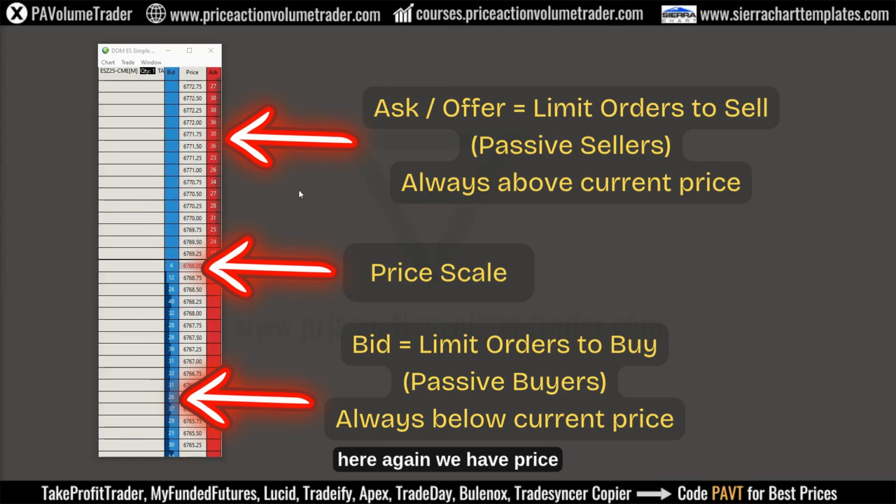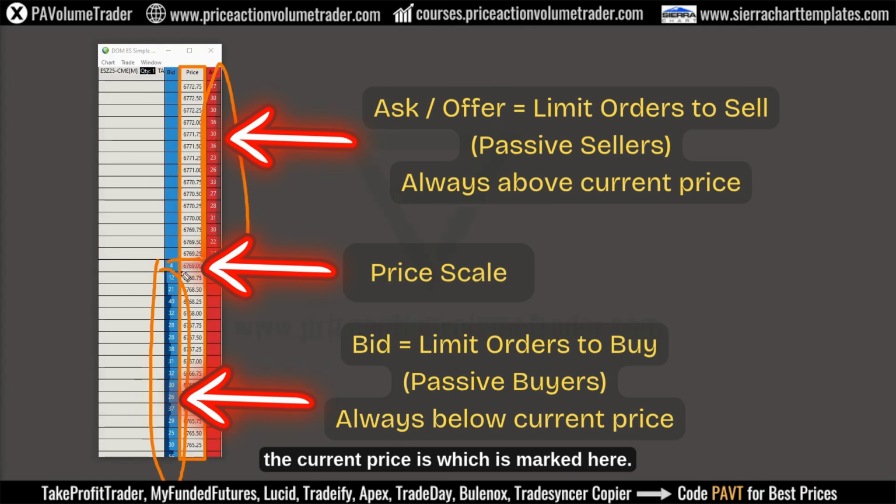Okay, so here again we have price in the center, and you're going to notice we have numbers on the left side below where the current price is, and on the right side above where the current price is, which is marked here. I have it set so it always stays in the middle.